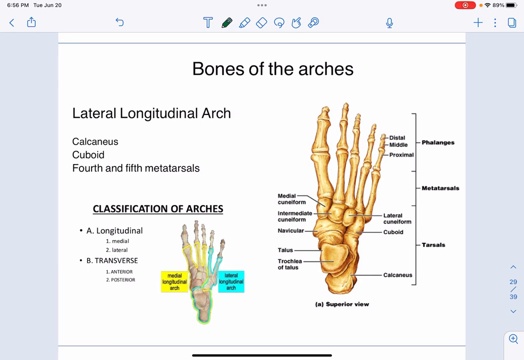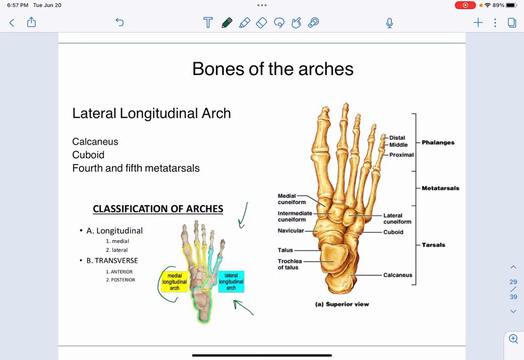This is an image here showing you the lateral longitudinal arch. So we just went over the medial longitudinal arch. Here is the lateral. It's running down the baby toe side.